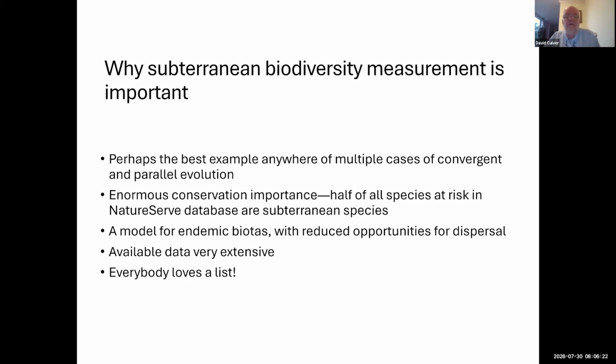They're of enormous conservation importance. Half the species at risk in the Nature Reserve database are subterranean. They're a model for endemic biotas with reduced opportunities for dispersal. And everybody loves a list, no matter what the list is of, like bad actors, good fauna, bad fauna. So it's something that captures the imagination.